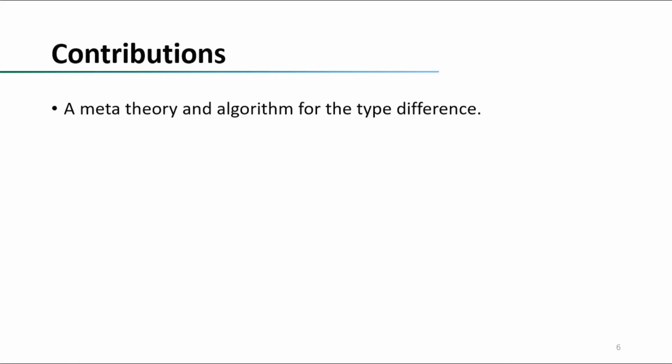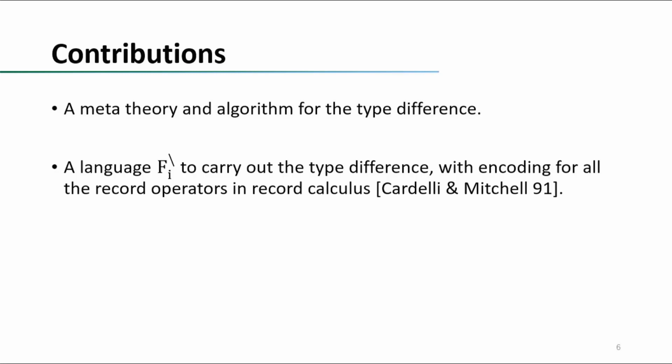So what we will do is propose a meta-theory for the type difference that generalizes the record restriction operators. We will show the type difference we propose has very good mathematical properties, and we will provide an algorithm to calculate it. Besides the theory, we will also propose a language that carries out type difference.